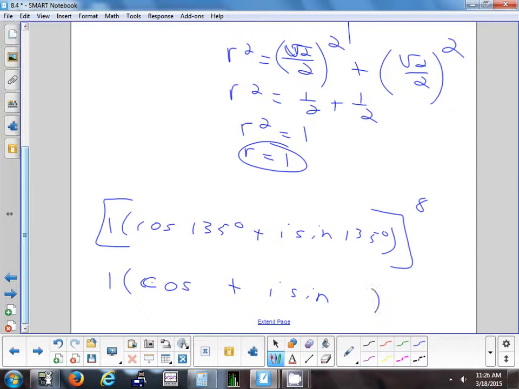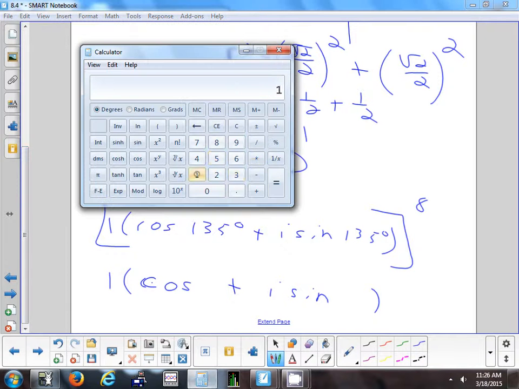Darren, how do I get my angle? Think about what DeMoivre's theorem says. You take the 135 and multiply it by 8. Okay, let's do that here. So I get 1,080. That's a pretty big angle.